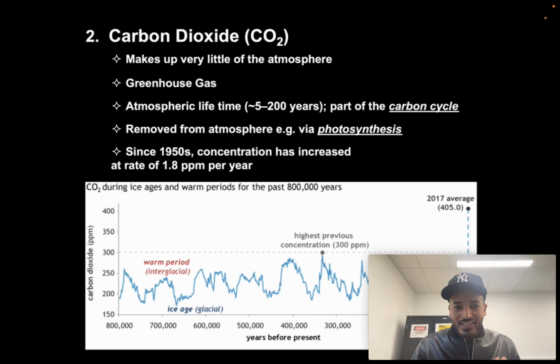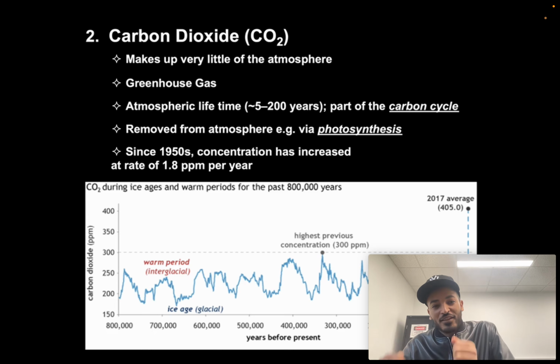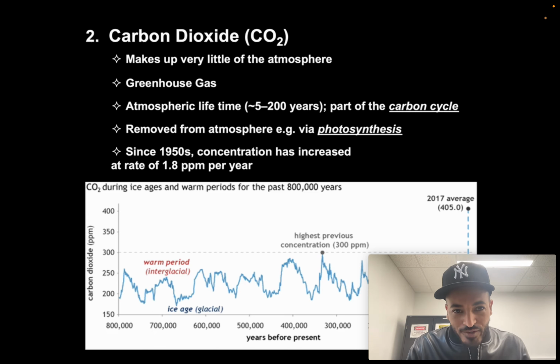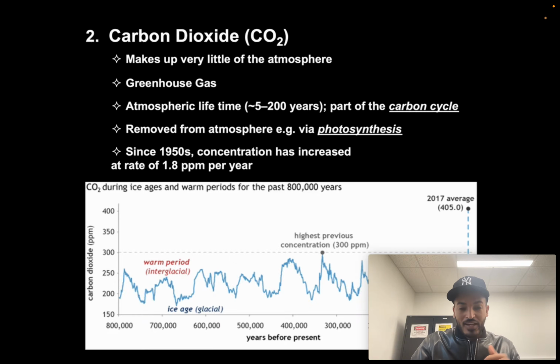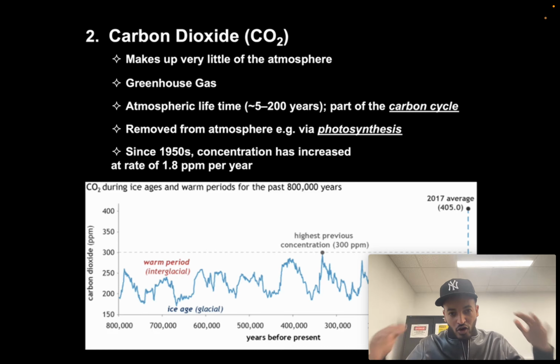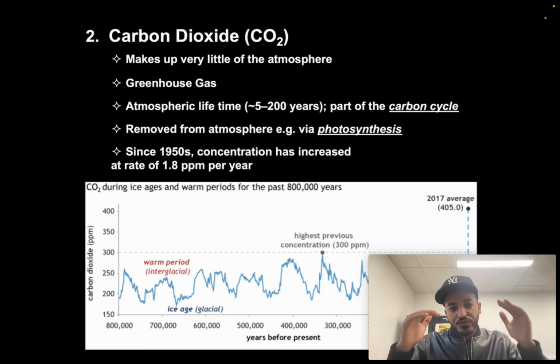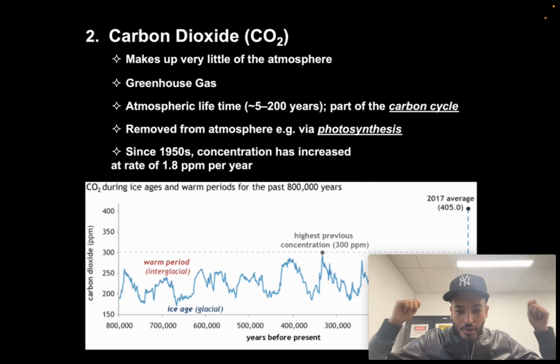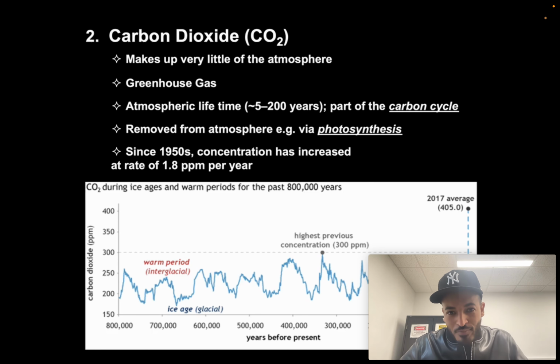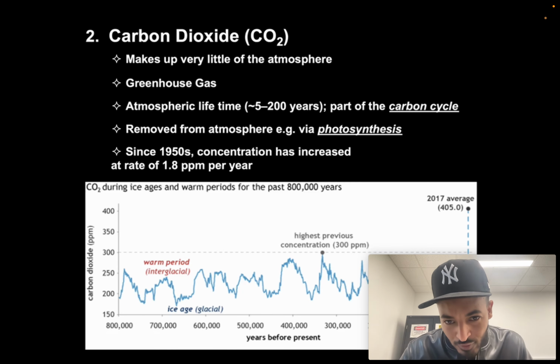Even though it makes up very little of the atmosphere, it's a very important greenhouse gas because, unlike water vapor, it has a long residence time. It's very difficult to remove from the atmosphere, and that means its impact on global warming is much more pronounced.